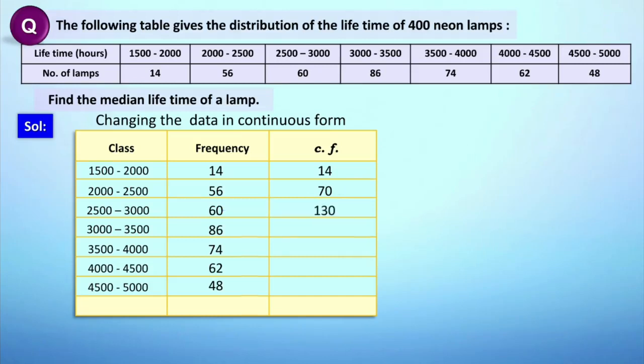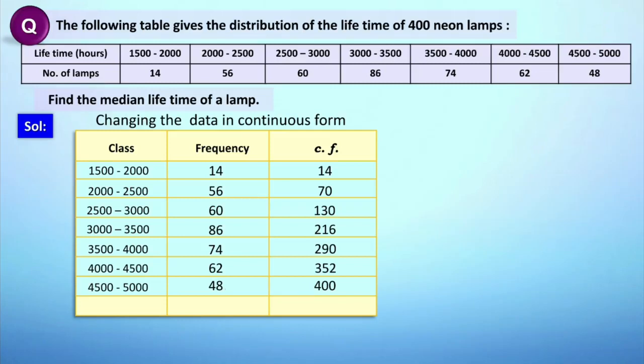Then 130 is added to 86, and subsequently we keep on adding the next frequency to get the next cumulative frequency, and we reach the end, that is the last cumulative frequency of the column, that is 352 plus 48 will give us 400. As we can see, the cumulative frequency is in ascending order. This represents the less than type cumulative frequency.